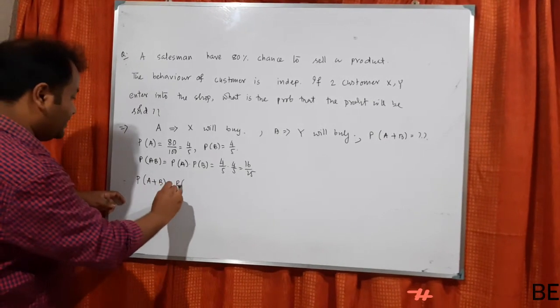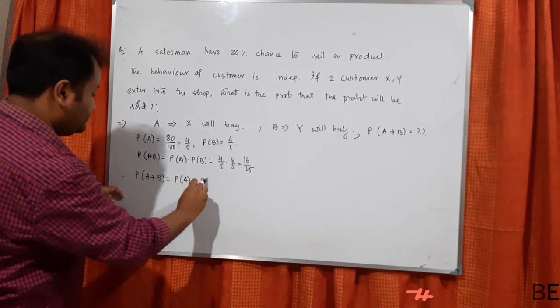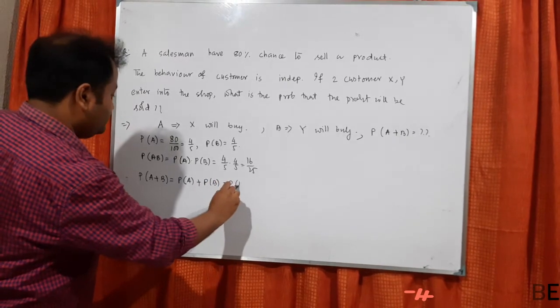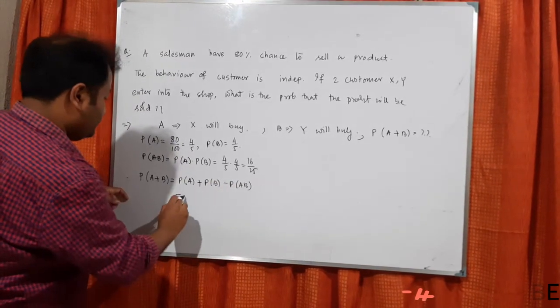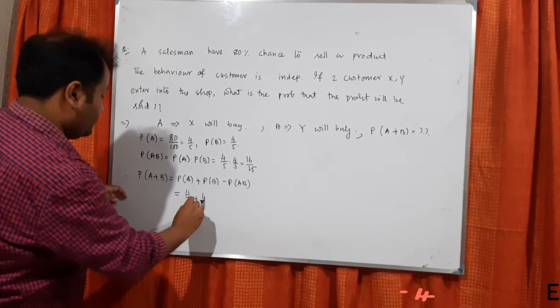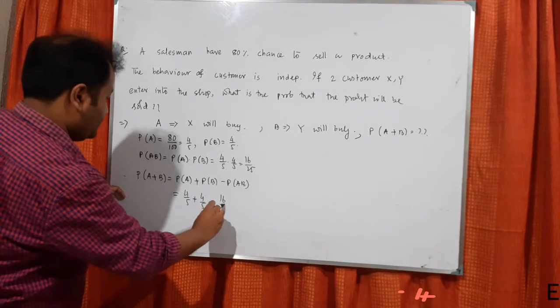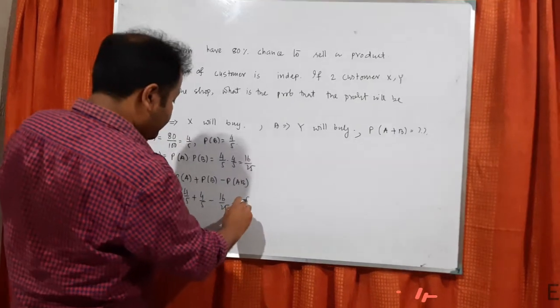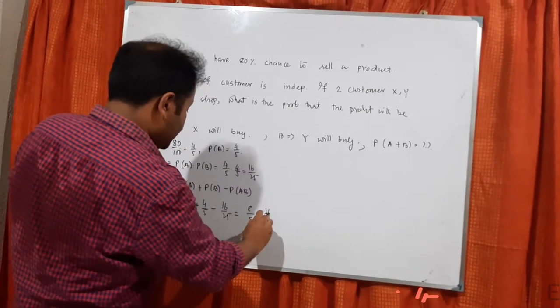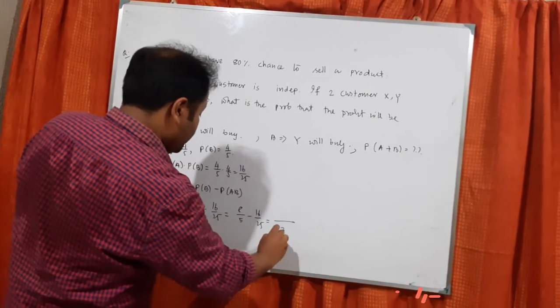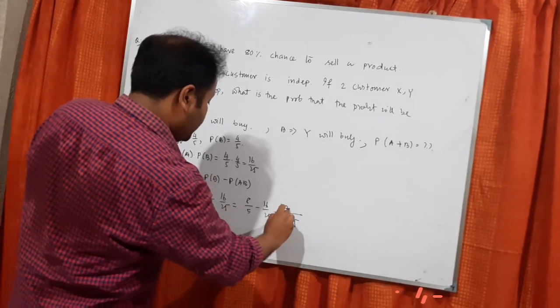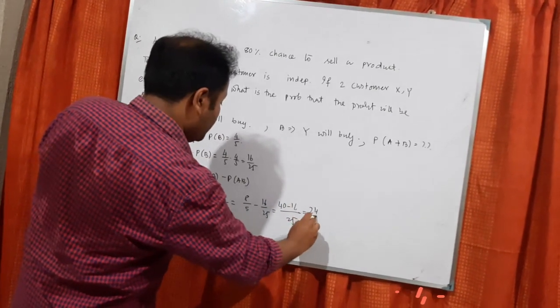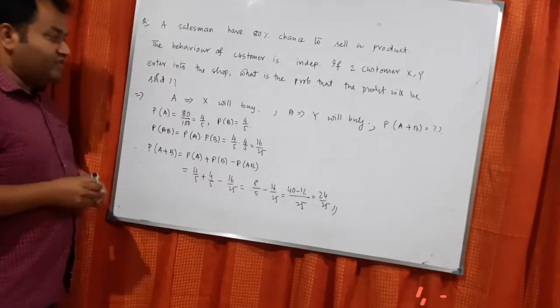That will be probability of A plus probability of B minus probability of AB. So if you just calculate, it will be 8/5 minus 16/25, so it will be 40 minus 16 over 25, so 24/25. So that is the final answer.